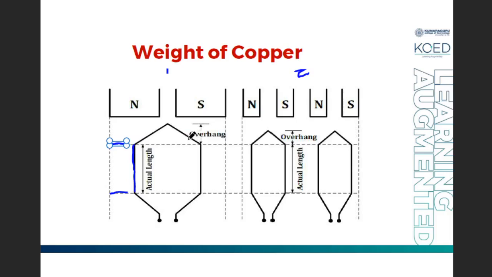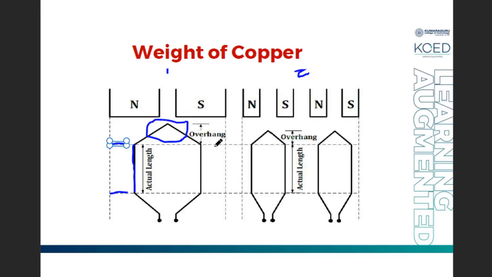Usually we call the copper winding present in the slot the actual copper or active copper, and the copper winding portion which is lying outside the slot, this height, we call the overhang. We call this portion of the copper conductor inactive copper. Clear? This portion is active copper and this portion is inactive copper.